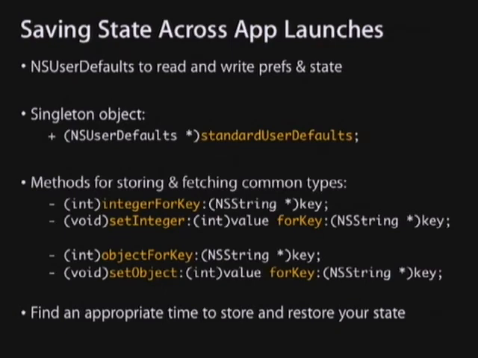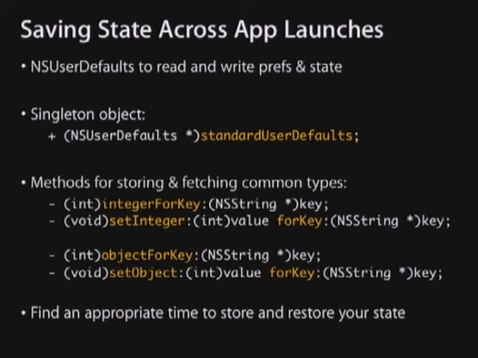You can save all kinds of different types of data. Here are some examples: integer. You can save an object, which can include arrays, dictionaries, numbers, strings, dates, anything that responds to the NSCoding protocol, which I'm not going to get into. You can also say float for key, Boolean for key.